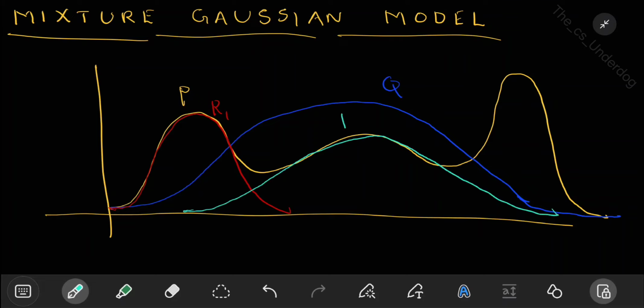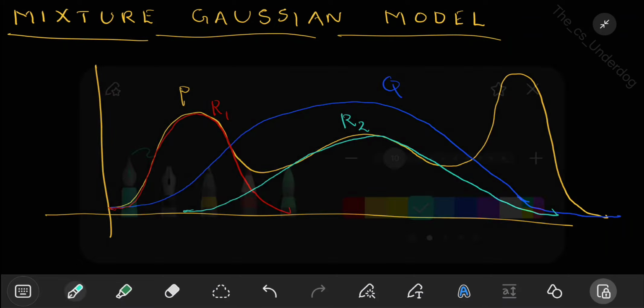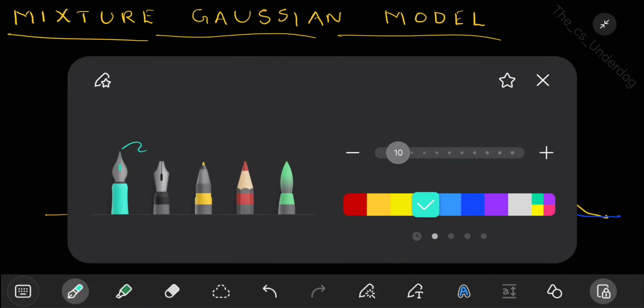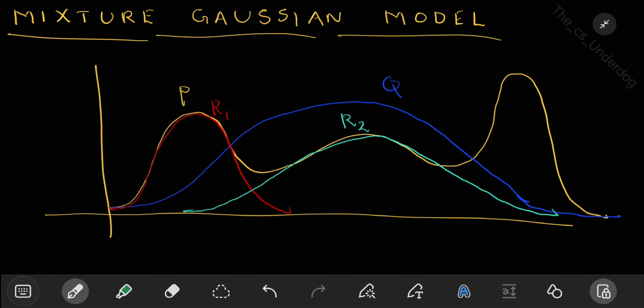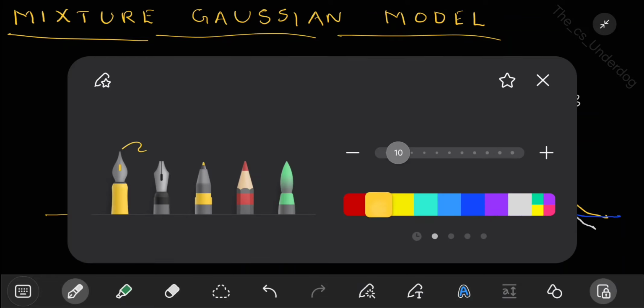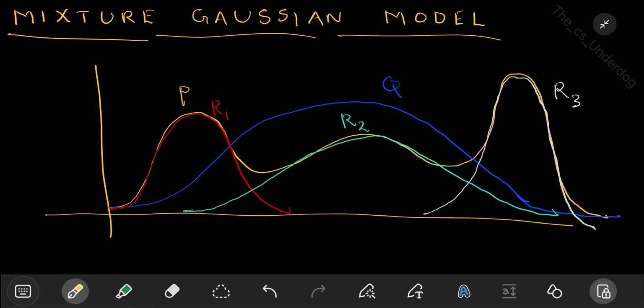This I'll call R2, and I'll have a third distribution. Let's say I'll use gray. Using gray, I have a third Gaussian distribution. It is something like this. This is R3.